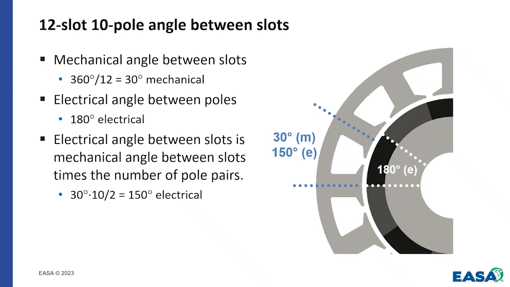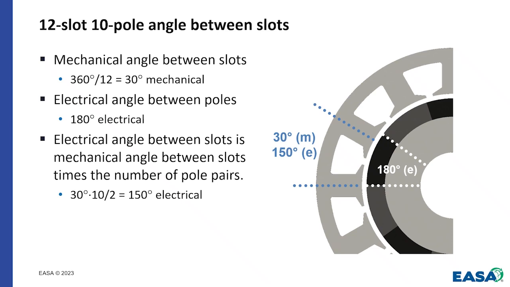Each one of those is separated 30 degrees mechanical. So for any winding here, the electrical angle between poles is 180 degrees. That just means that at each pole we flip the polarity. We go from north to south. So in electrical degrees, that's 180 degrees. What we're interested in when we're laying out this winding is what is the electrical angle between those slots.